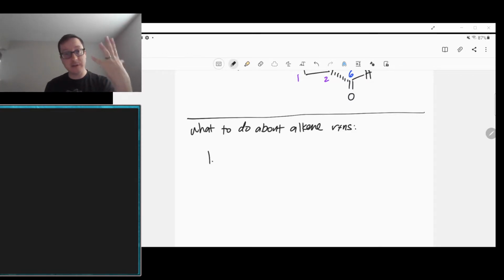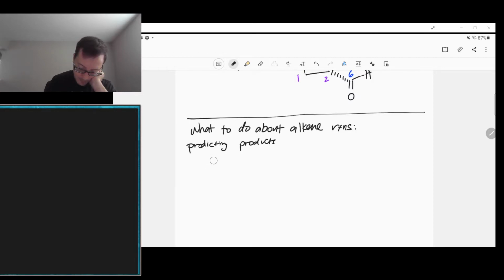If you're trying to predict the products, we're going to look at this under a couple of different lenses. The first one is the lens of predicting the products of a reaction, and so you first off have to see what's happening. What set of reagents are you given? What's expected to happen? You're expected to figure out what transformation is going to take place.